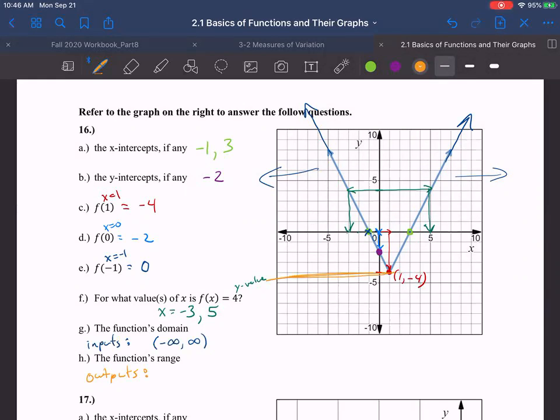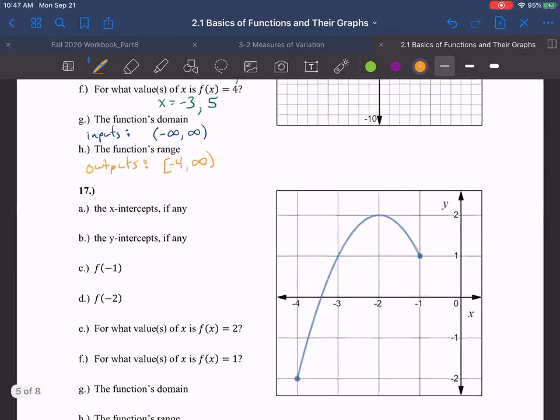That's the lowest one. When we start going up, they go up forever, but they don't cross below that line, y equals -4. Therefore, our range is going to be inclusive of -4. It goes down to -4, and then it goes up to infinity, and we never include infinity. So we don't get anything below that -4. All right, so that's that one.